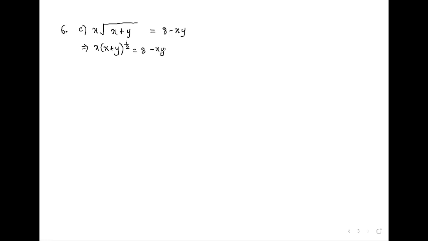Then now we start differentiating here. So here we use the product rule. We're saying this is like our u, and this is like our v.